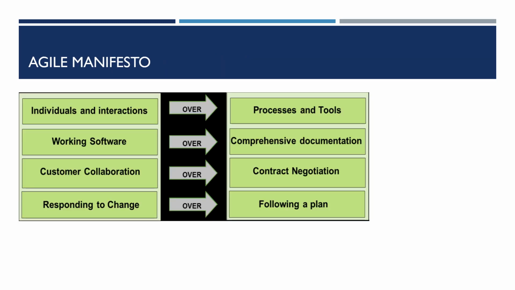Now, what is the Agile Manifesto? The Agile Manifesto was built in 2001 by 17 like-minded people. They got together and tried to come up with a document on Agile.